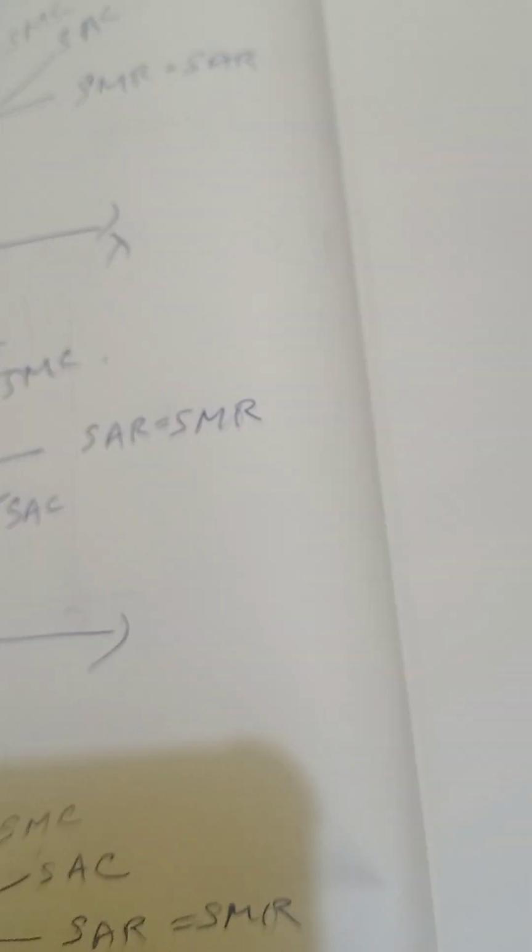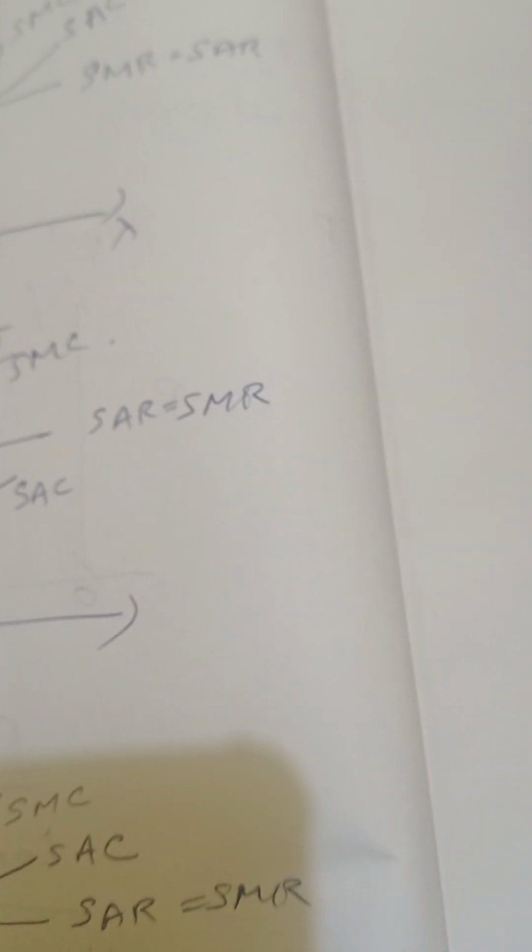Now in the case of monopoly, monopoly is where there is only one firm and where the seller is a price maker. So in the case of monopoly, you have to know how to draw the revenue and cost curves in the short run and long run.